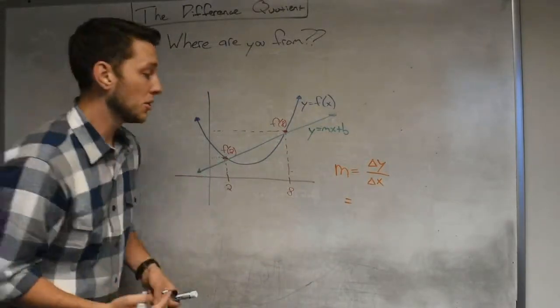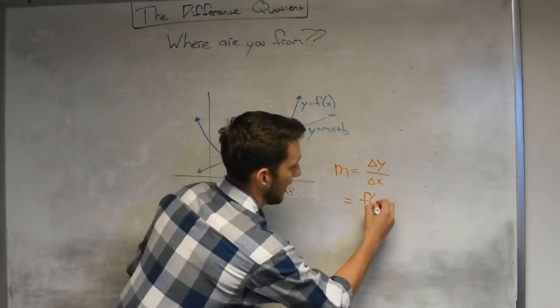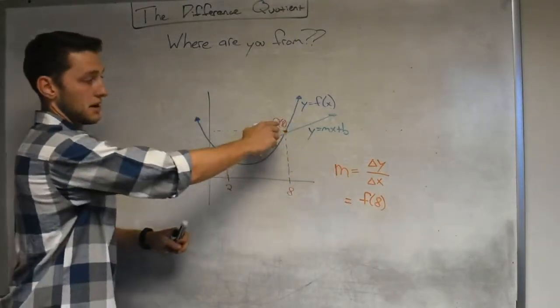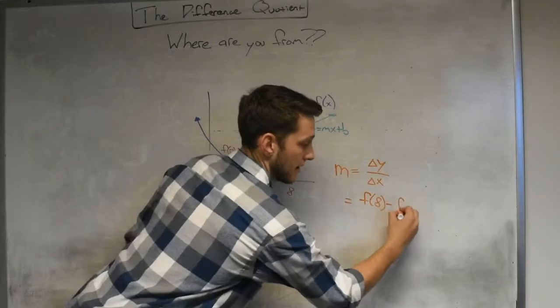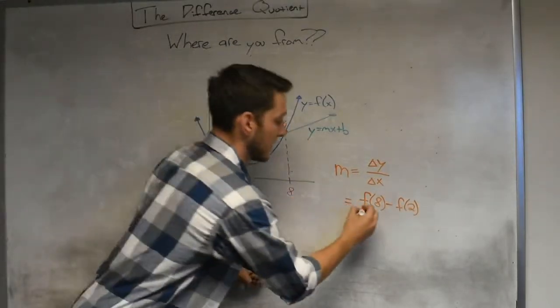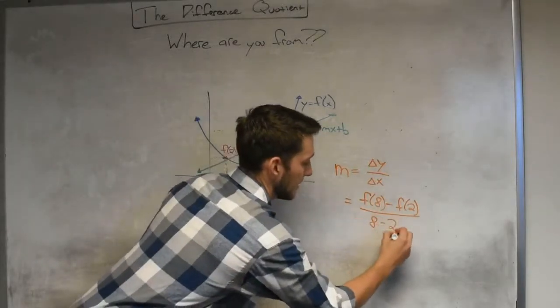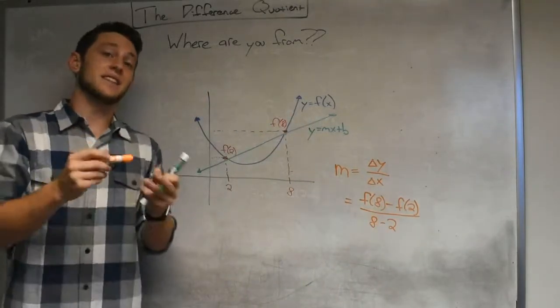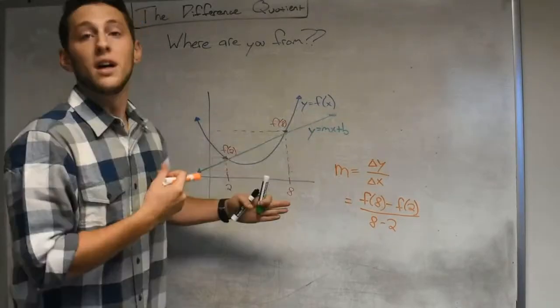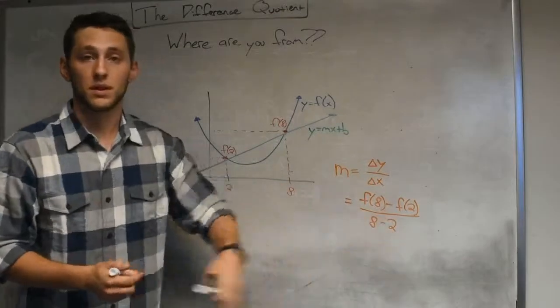In this case, that would be f of 8, the y value right here, minus f of 2, the y value over there, all divided by the numbers on the inside, 8 minus 2. Because I didn't give us a rule, that's all we could really do in this case. So that would be our slope.